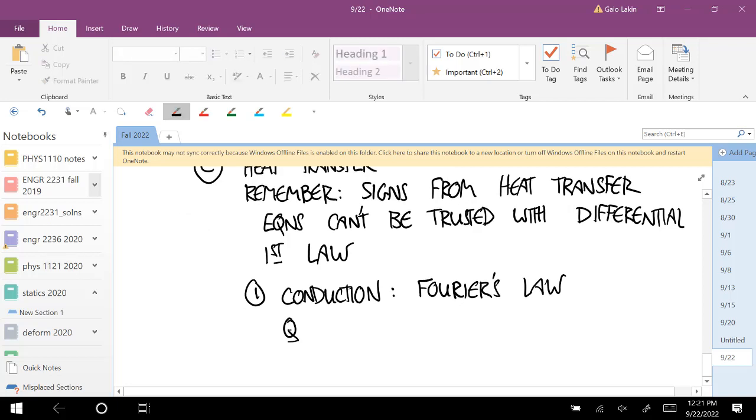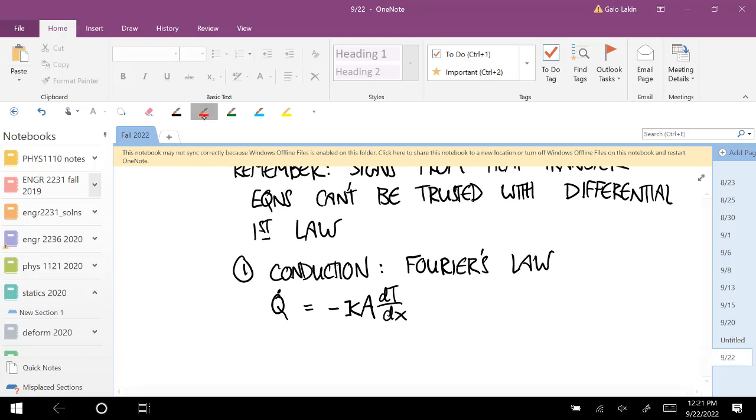And it says Q dot is equal to negative Greek letter kappa times capital A times dT/dx, where this letter kappa is called the coefficient of thermal expansion. That's something you look up for a specific material.